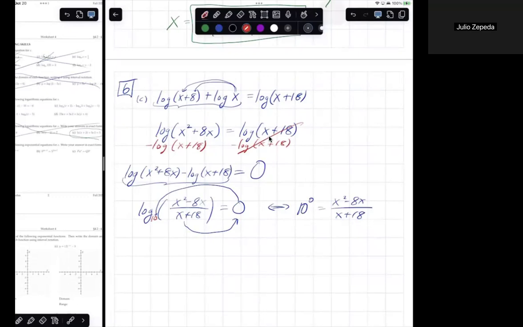And so we can solve this by multiplying by x plus 18 on both sides. And 10 to the 0 is 1. So x plus 18 times 1 is x plus 18. x squared minus 8x. And then we can subtract x on both sides.